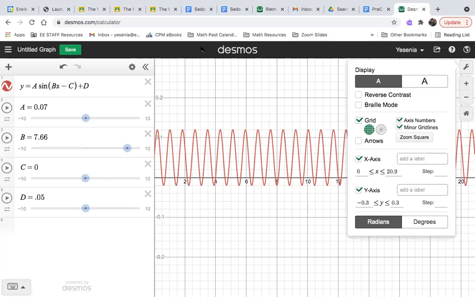And let's see, I will do 2, and then I hope pi works here. Oh my gosh, pi? Dang. 2, control E. Okay, so 2 pi, and then hit equals.